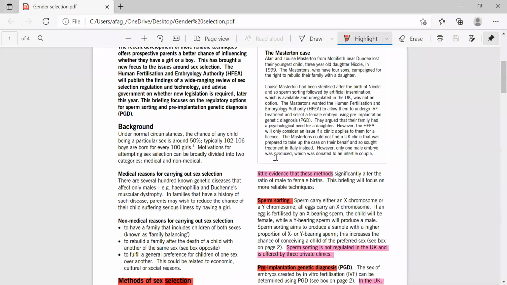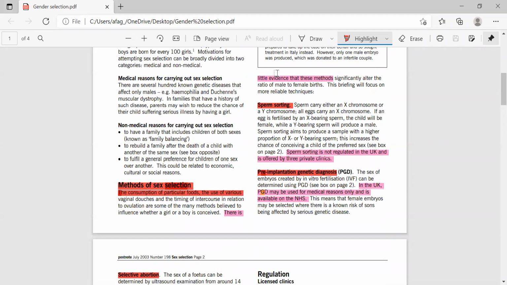So yes, we will tell the mother there is no evidence at all that these methods could alter the sex of the baby.